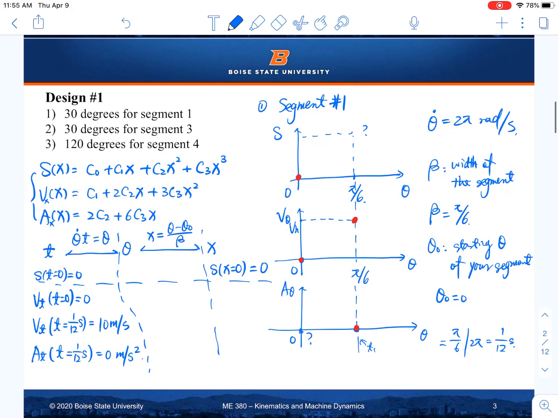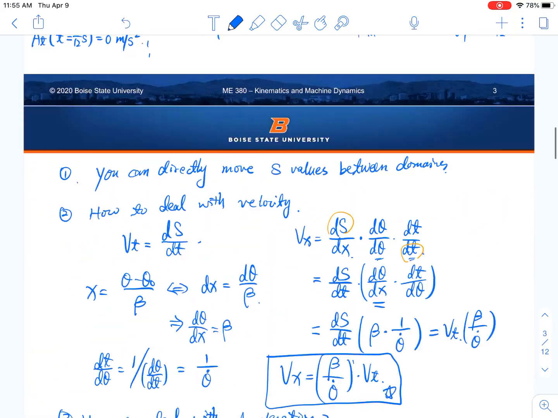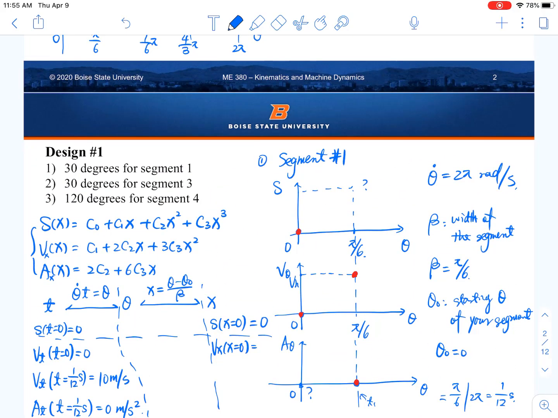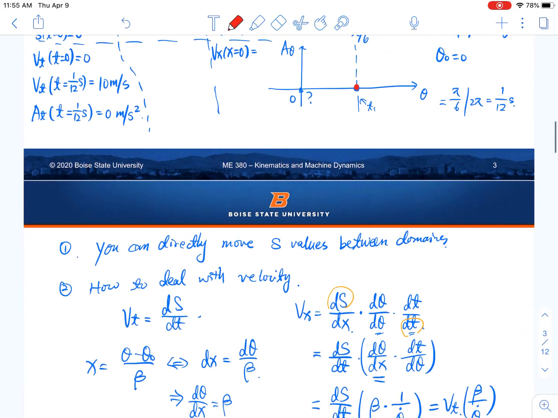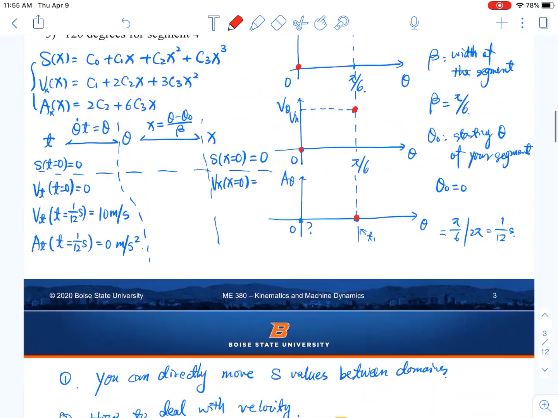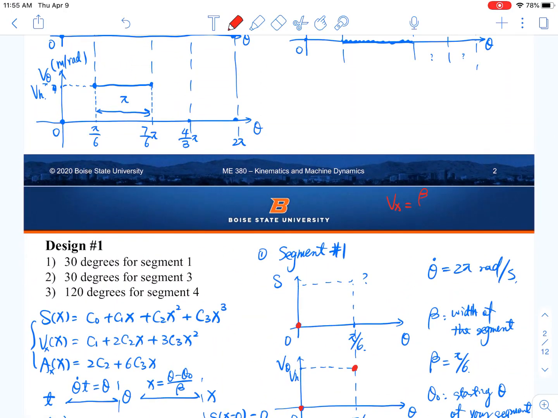And then what is your Vx at x equal to 0? By definition, I'm going to write it in here. Your Vx is beta over theta dot times Vt, and your Ax is beta times theta dot square At.